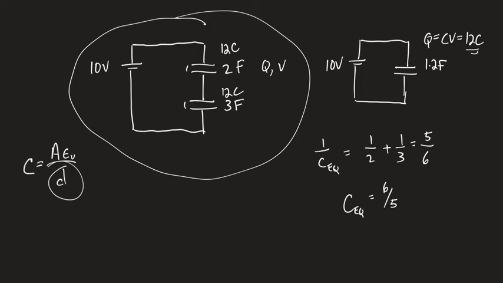But now that we know the capacitance and we know the individual charge on each, we could use this to figure out the voltage across each capacitor, which is clearly not going to be the same. Voltage is charge divided by capacitance.